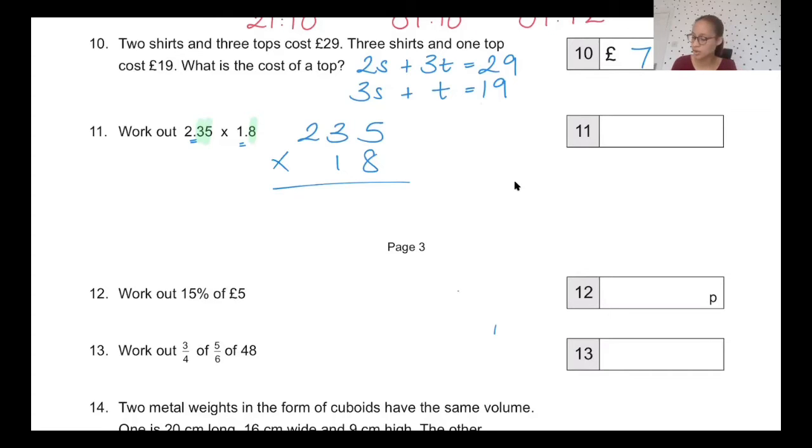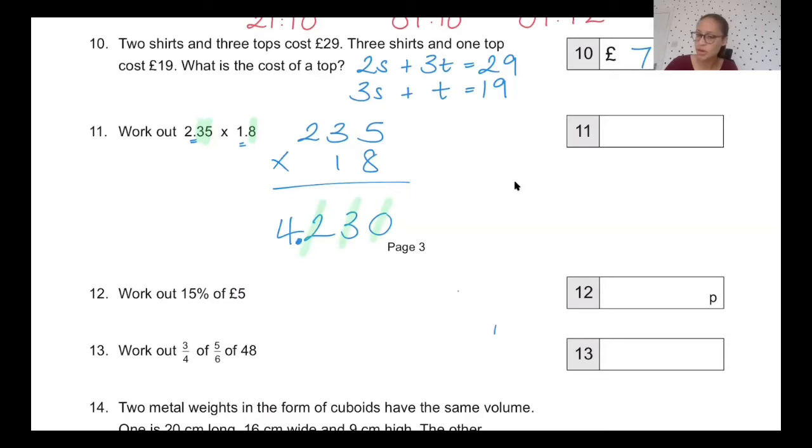Okay, good. We're getting some right answers in. So when you multiply those numbers, you get 4230, and I've got 3 numbers behind the decimal points in the question. So I put 3 numbers behind the decimal point in the answer.